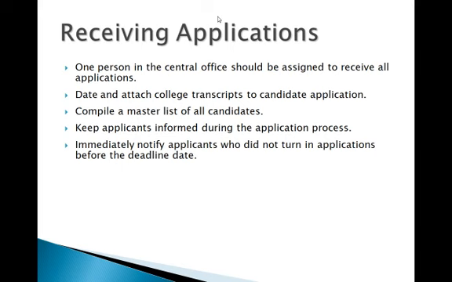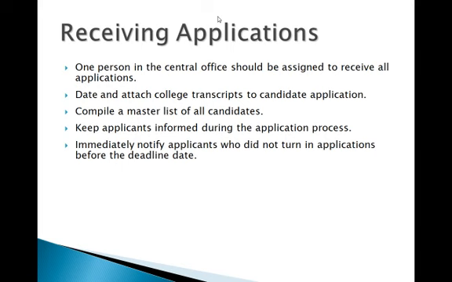So in other words, applications and supporting material would go directly to the building principal. However, in a larger system, for instance, Horry County, there is an office already set up for that, and obviously the advantages of using a central clearinghouse for this function are obvious.